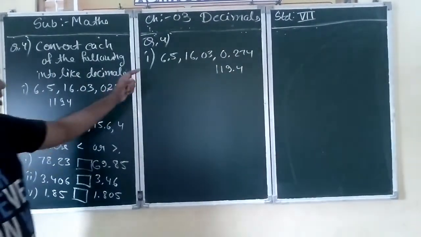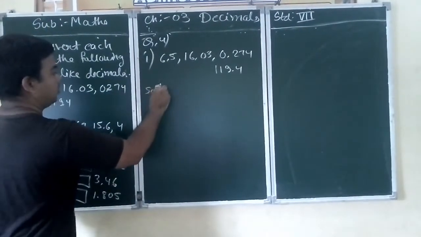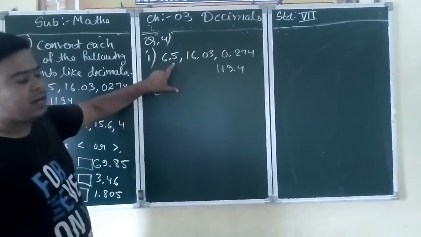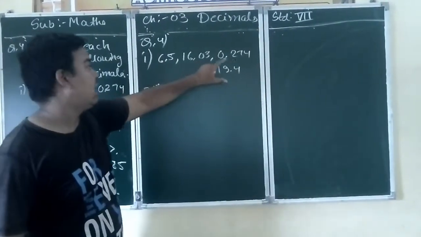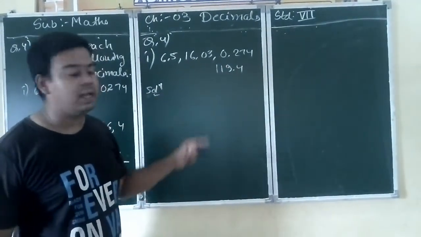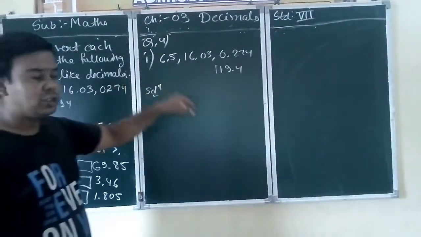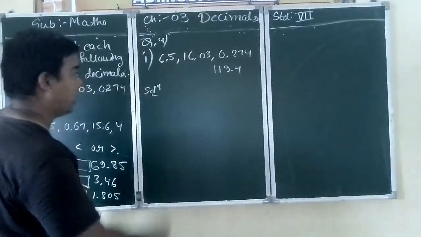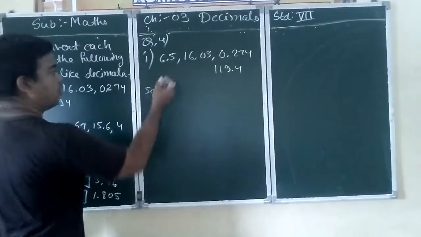See the numbers: after the decimal point, one digit, two digits, three digits. So these are unlike decimals, and we change them into like decimals.